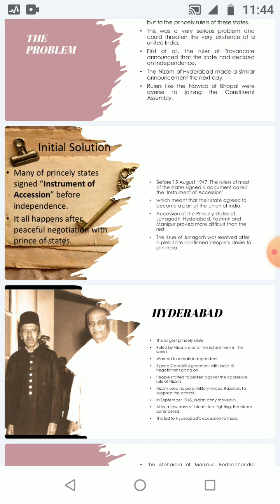Some rulers already signed a document called the Instrument of Accession, meaning they will become a part of the Union of India, but some princely states proved more difficult to persuade to join India. That is Junagadh, Hyderabad, Kashmir, Manipur.